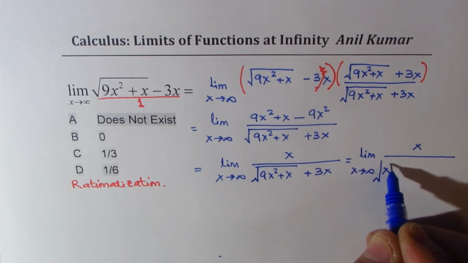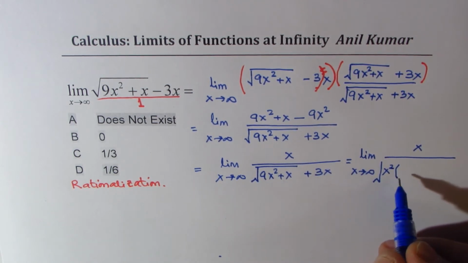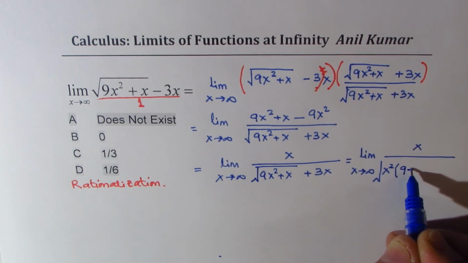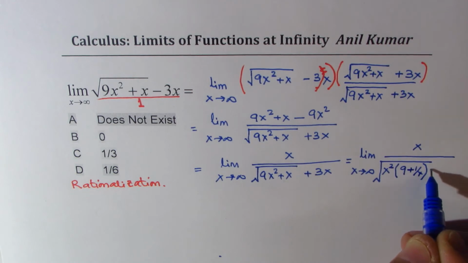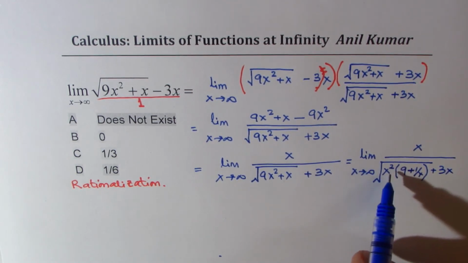Inside I will get 9 plus 1 over x, correct? Plus 3x. Now what is the square root of x squared? It is the absolute value of x, right?